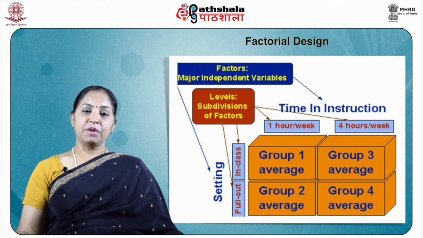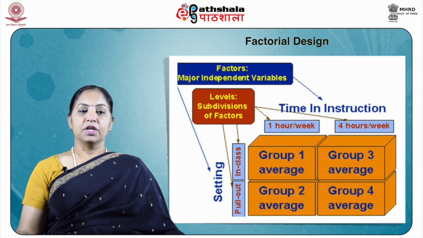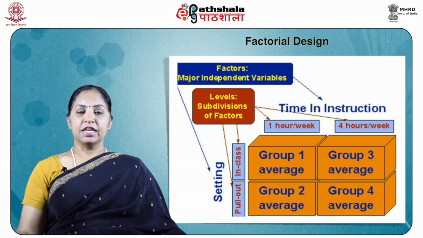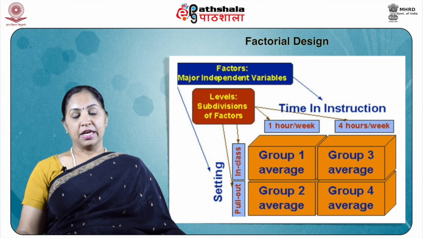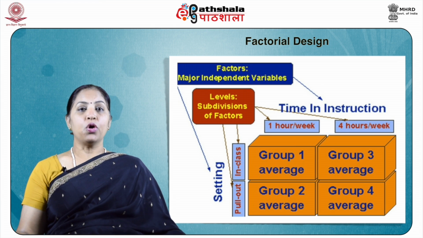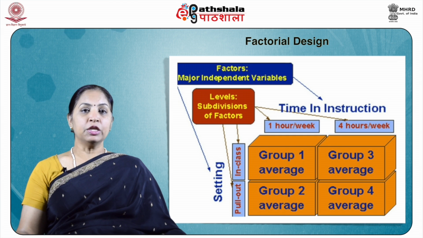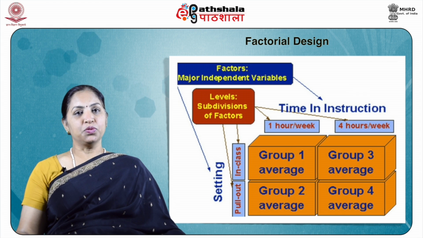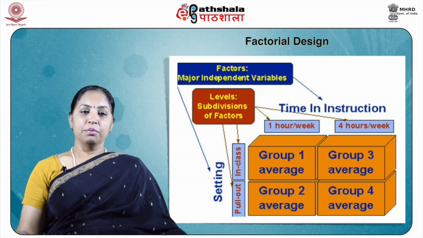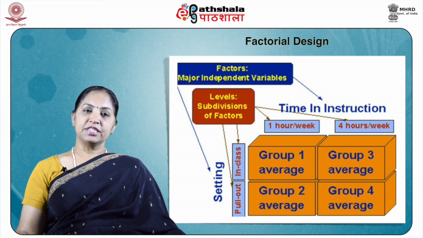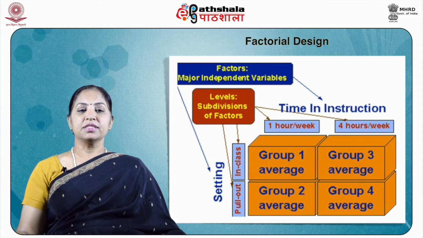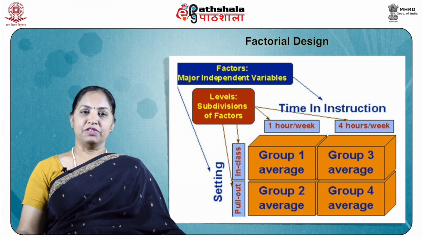But imagine the setting had more than 2 levels, that is inside the classroom, inside the laboratory, or outside the laboratory in an open setup, then it would have 3 levels. The design would then be called a 2 into 3 factorial design, because the time factor still has only 2 levels, so represented by 2, whereas the setup has 3 levels now.